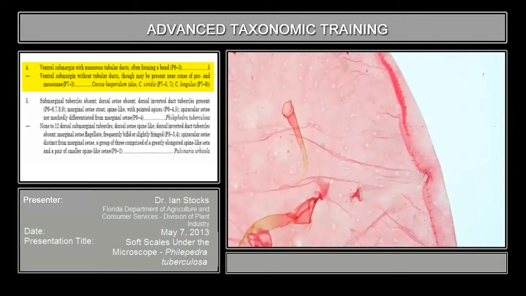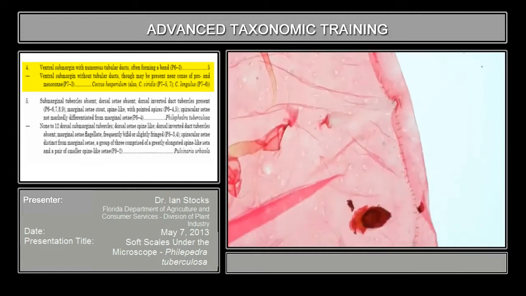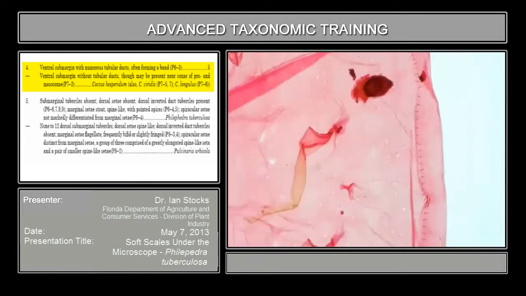So again, let's see which plate this one corresponds to. This is plate 6, and the marginal setae and spiracular setae are in figures 4 and 5. And here's the posterior spiracle in this one.